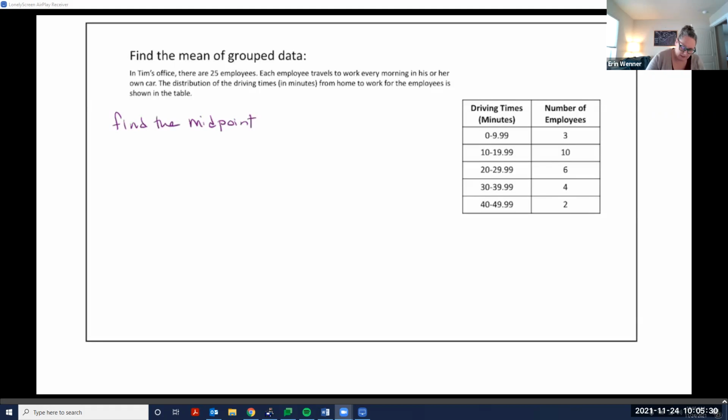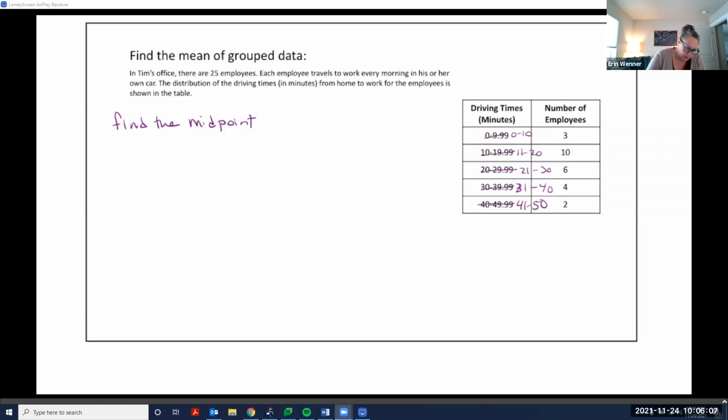And to make our life easier, instead of using the 9s, I'm just going to go 0 to 10, 11 to 20, 21 to 30, 31 to 40, and 41 to 50. And again, that's just to keep our numbers nicer. It's not going to really change what the mean is.